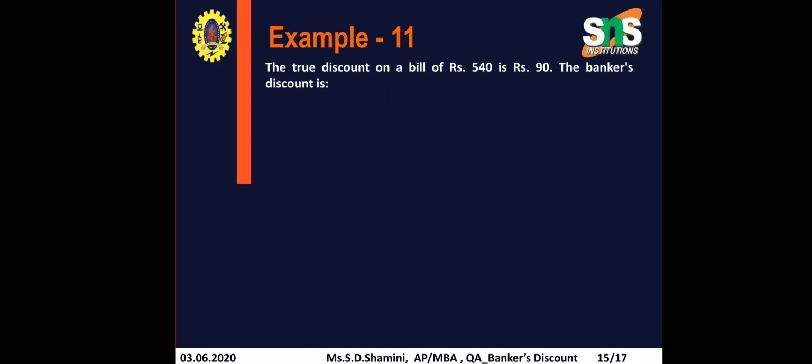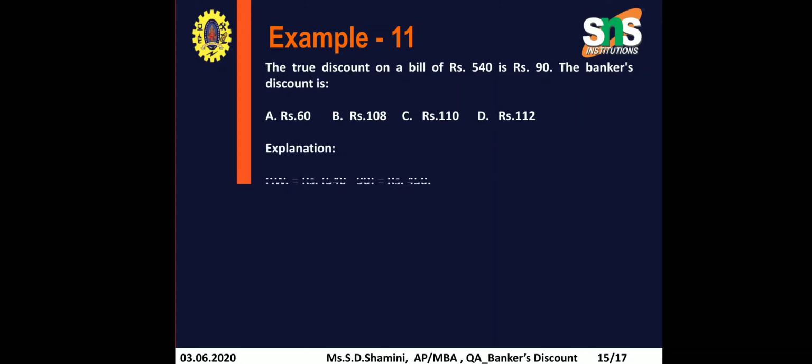And your next problem is: the true discount on a bill of rupees 540 is rupees 90. The banker's discount is, the options are rupees 60, rupees 108, rupees 110 and rupees 112. So first you have to find the present worth, that is the sum minus the true discount.